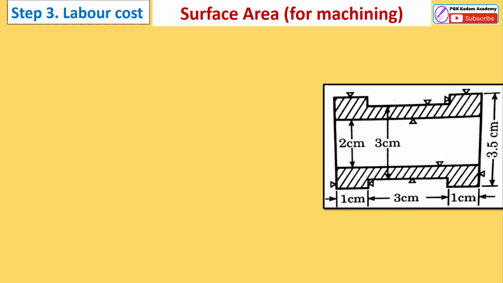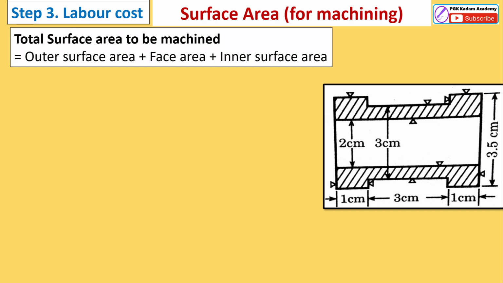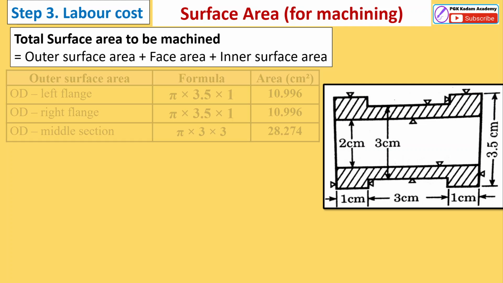For that purpose, machining is given. We have to find out the surface area for the machining. How much surface area we have to machine: the outer surface area, the face area, and the inner surface area, the core area where the machining is done.